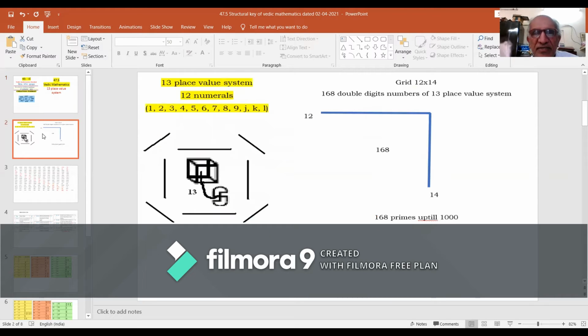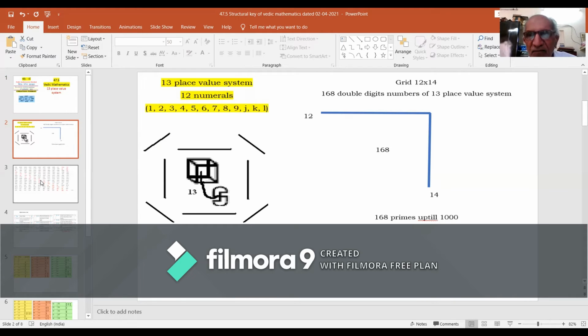The 13 place value system is the system which has 12 numerals. Let us, for our convenience, have the 10th, 11th, and 12th numerals as J, K, and L. So we can have a chase of the organization of the double-digit numbers and even of higher digit numbers of the 13 place value system in terms of its 12 numerals.